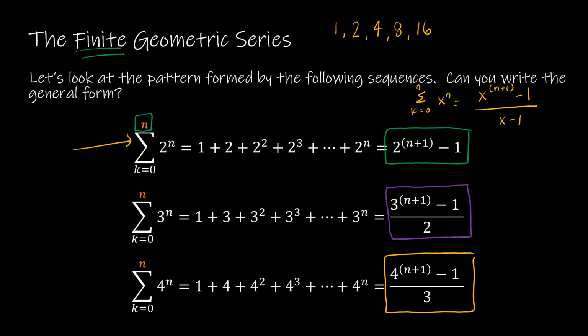That appears to be the pattern that I see, because as you can see, this value is 3, but this value is 2, so I'm subtracting 1. This value is 4, but this value is 3. This value is 2, but I divided by 1, which was 1 less than that. So this is my conjecture for how I can write the basic finite geometric series.